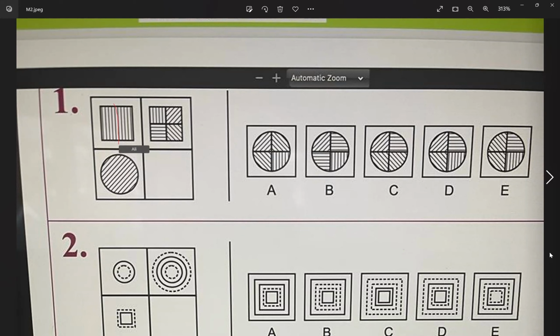First, what I can notice is that the top left square stays the same shading, vertical, and then in this square, the vertical shadings rotate a bit to turn like this.